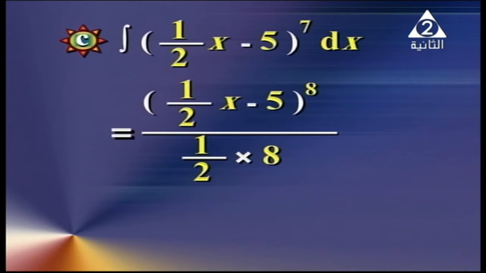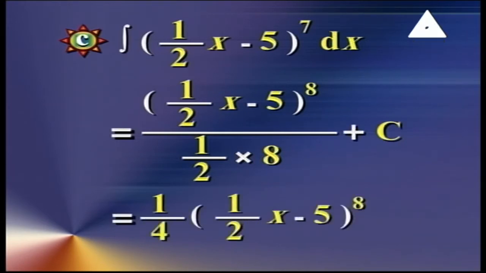Then multiply by coefficient of x, half. Don't forget, answer is quarter multiply half x minus 5 for all power 8 plus c. C is called integration constant.